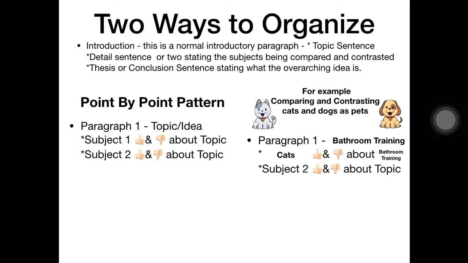So you would state that cats don't really need trained. Cats instinctively go to a litter box. Those would be maybe two sentences. Then you'd also have a sentence about how litter boxes stink and you have to clean them out. And so those might be your negatives, okay, about bathroom training a cat.